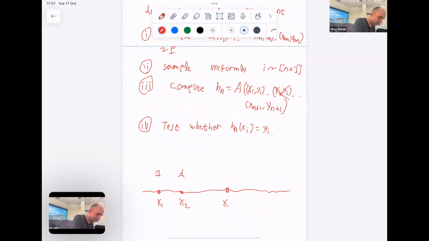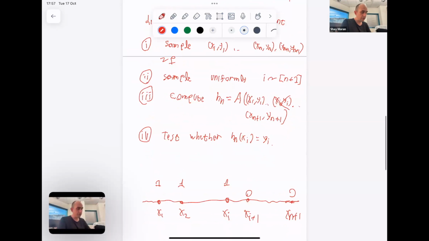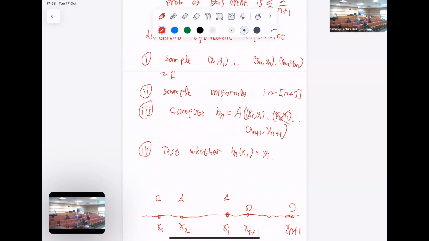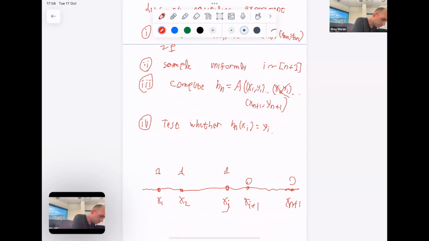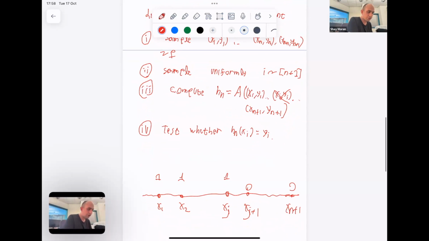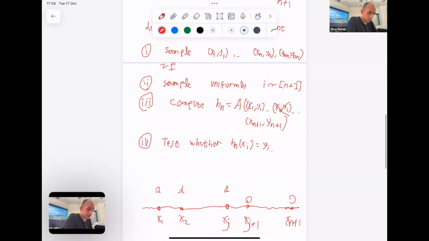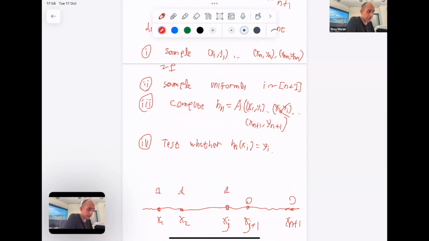And then at some point we have xj plus 1, and this one is labeled 1, and here we get 0, and then we get all the way to xn+1, which is also 0. This is how it looks. This i is j. Right, so the xj is where the sign change happens. So this is how the picture looks after item 1.